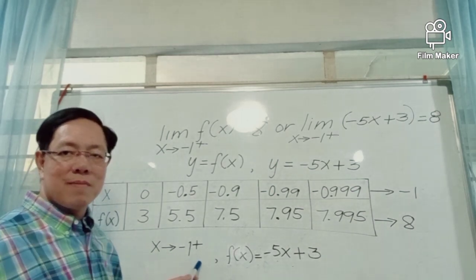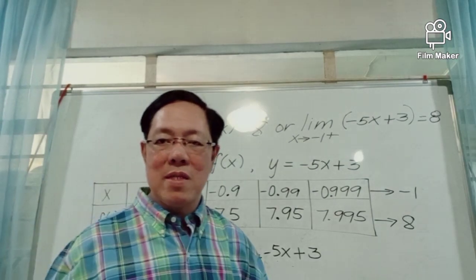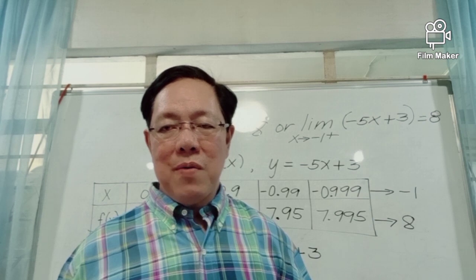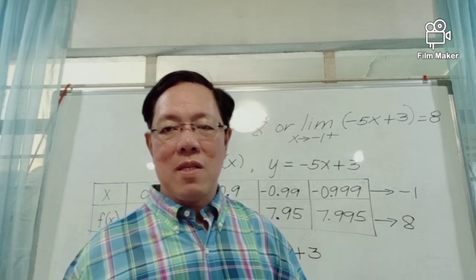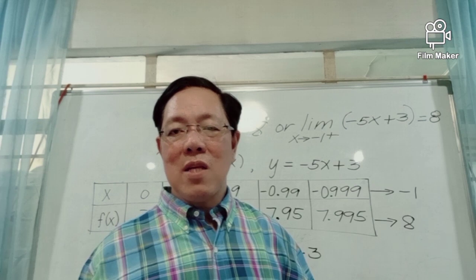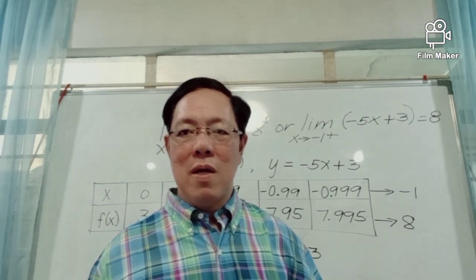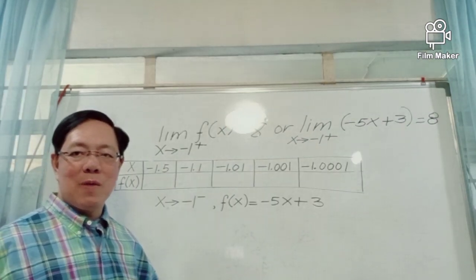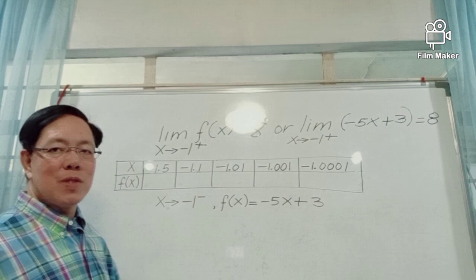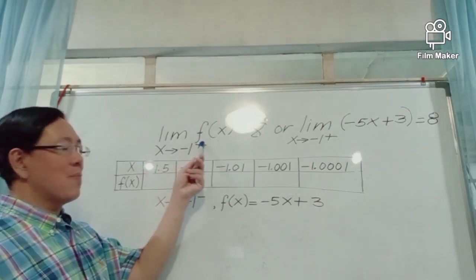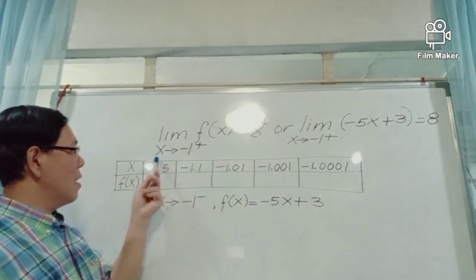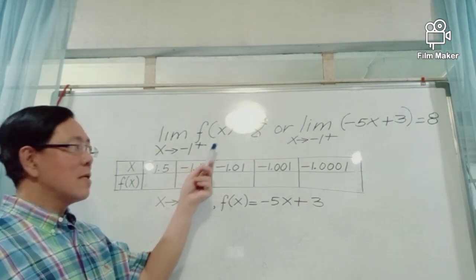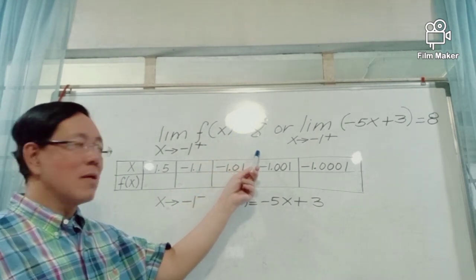In the second part of our investigation, we will see what happens to the values of the function f of x if we now let the values of x approach negative 1 from the left. In the first part of our investigation, we have shown that the limit of the function f of x as x approaches negative 1 from the right equals positive 8.